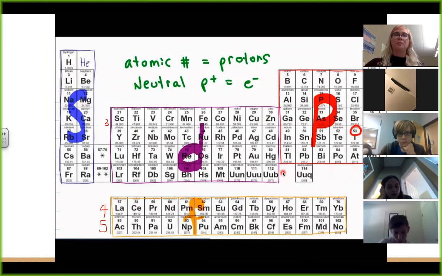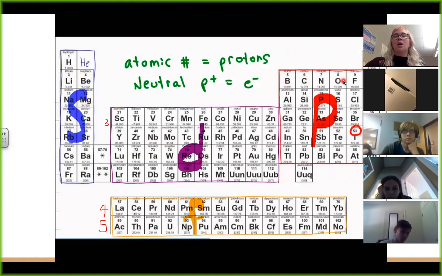Okay, awesome. So Logan just gave us the correct configuration for magnesium: 1s2, 2s2, 2p6, 3s2 will land us right on magnesium. Oliver gave us the perfect configuration for oxygen: 1s2, 2s2, 2p4. Right?